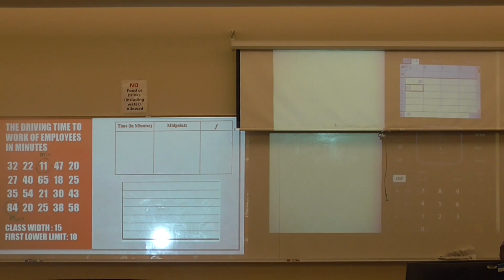I'm going to press enter so it's closer to the buttons. 22, 11, and you just do the rest. 47, 20, 27, 40, 65, 18, 25, 35, 54, 21, 30, 43, 84, 20, 25, 38, 58.